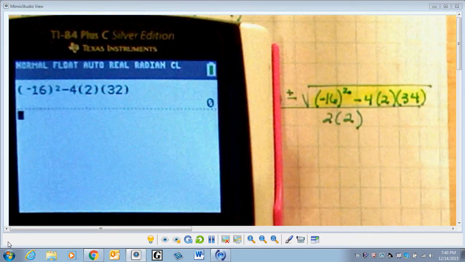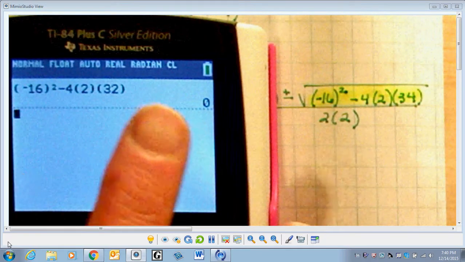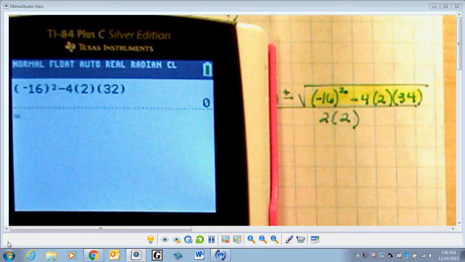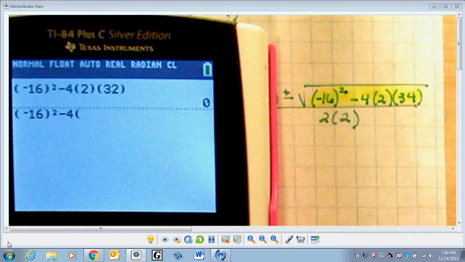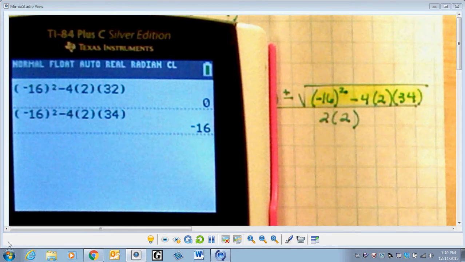So again, I'm going to just do what's underneath the radical. I'm going to go to my regular screen. We can see this was from the last discriminant that I did. So this is -16 squared minus 4 times 2 times 34. And you see I get -16.